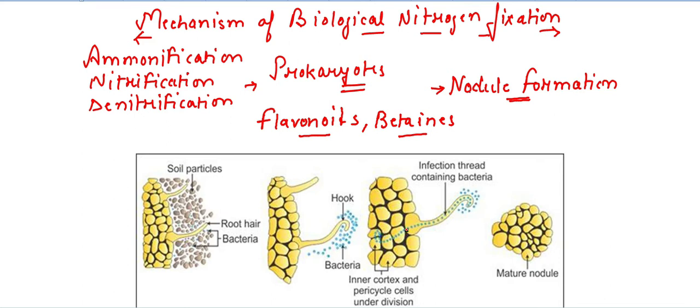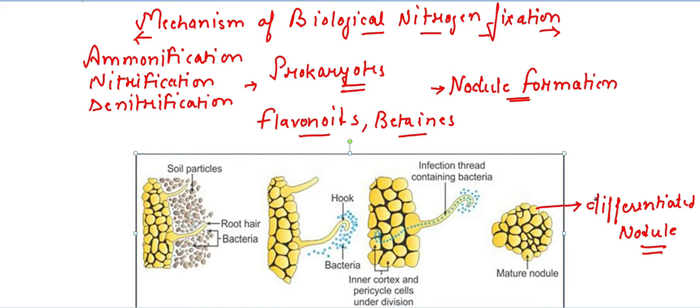Here the bacteria multiply as well. The infected cortical cells become differentiated, and nodule formation takes place. The nodules are the swellings. The infected cortical cells differentiate and start dividing to produce the nodule.